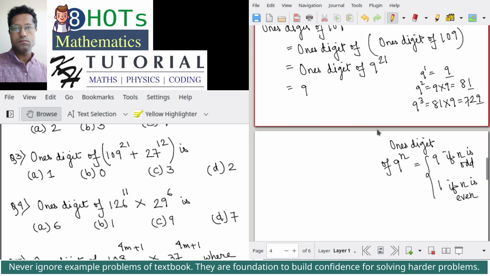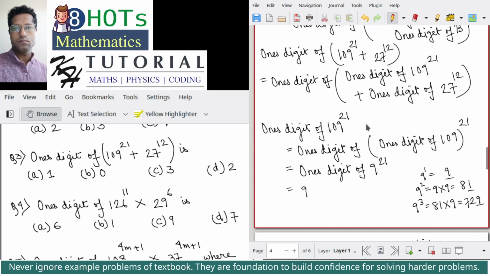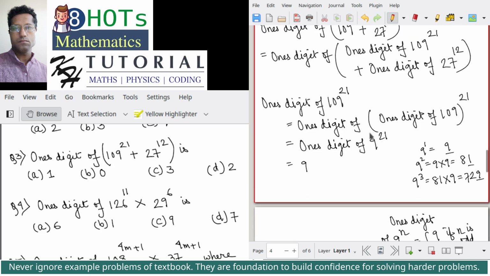So this was the ones digit of 9 to the power 21, or basically also the ones digit of 109 to the power 21. Similarly, we now have to find the ones digit of 27 to the power 12.